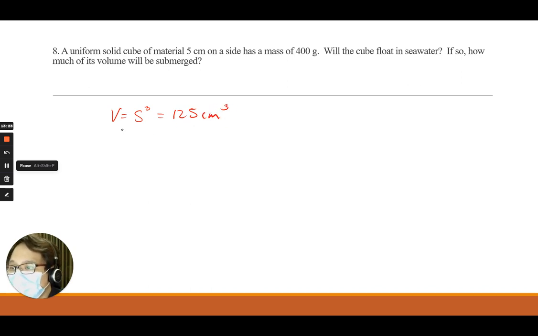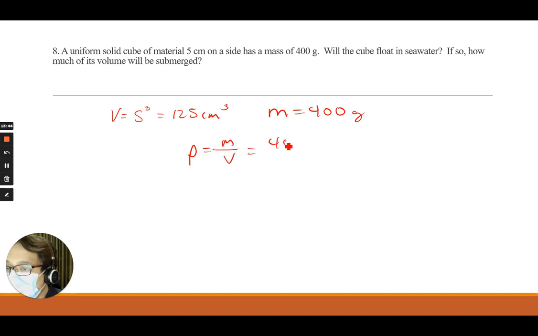Okay, it has a mass of 400 grams. We can compute for the density. So density is equal to mass divided by volume. 400 grams divided by 125 cm cube.